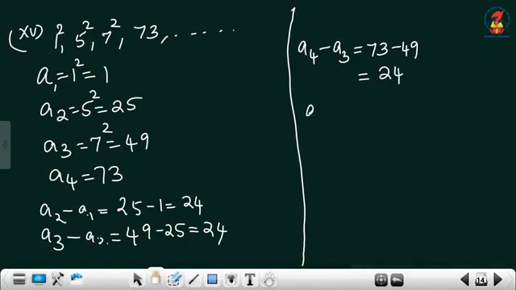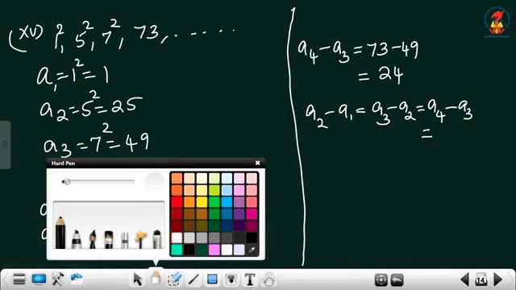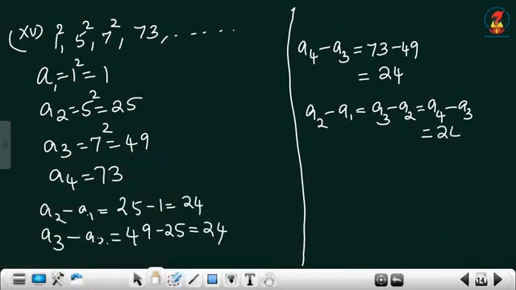So, what we can say is A2 minus A1 is equal to A3 minus A2 is equal to A4 minus A3, which is equal to 24. So, clearly D is equal to 24.